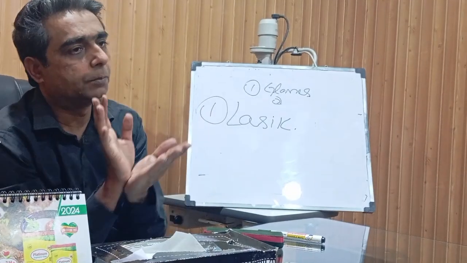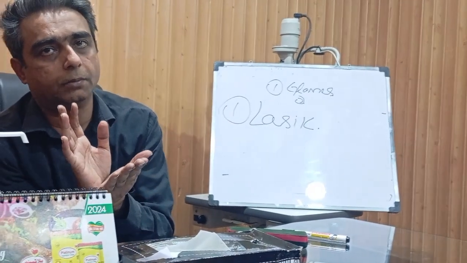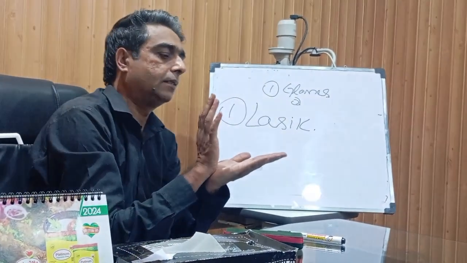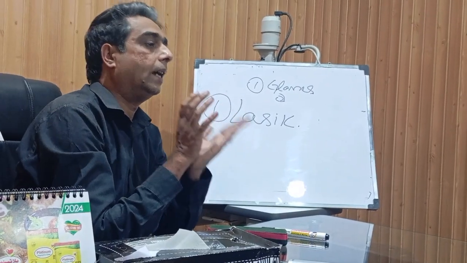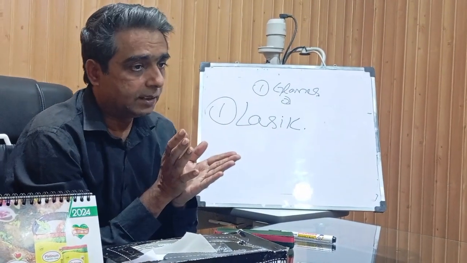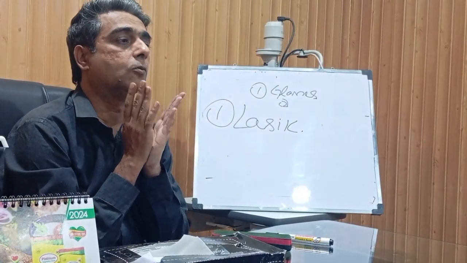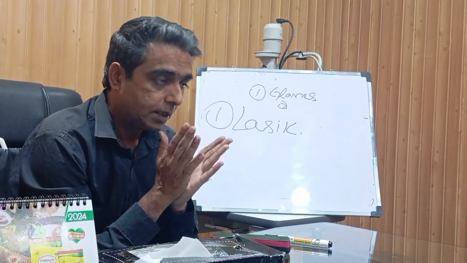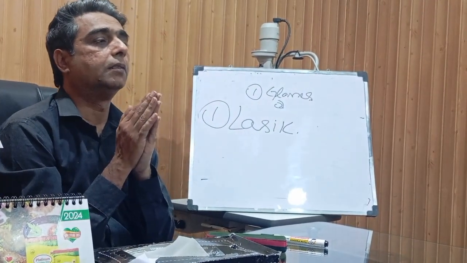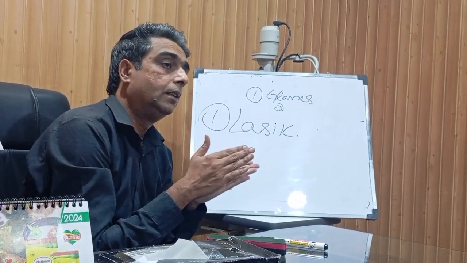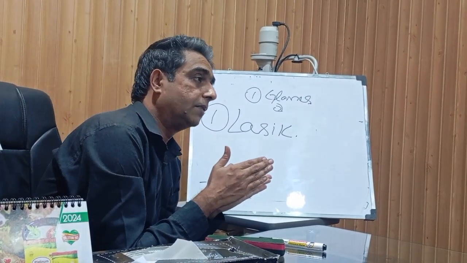There are different types of lasers used in ophthalmology. The excimer laser is used, and how much laser and at which meridian it has to be done, these are all the calculations which we do before the laser refractive surgery.